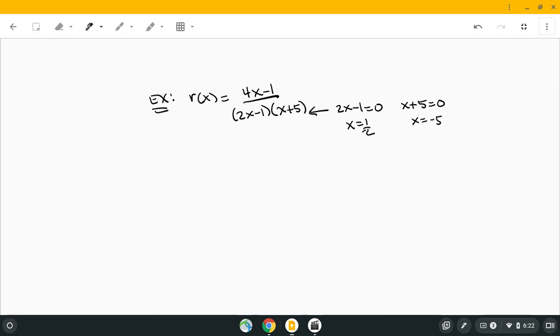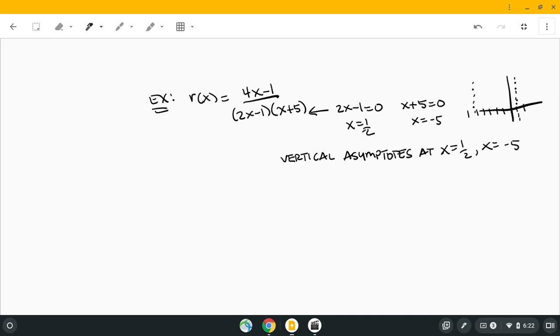So that's where you have vertical asymptotes, at x equals 1/2 and x equals -5. So 1/2, and 1, 2, 3, 4, 5, right here at -5.